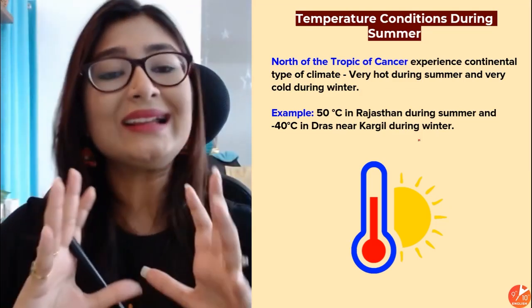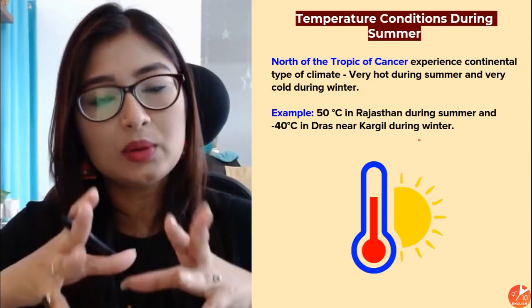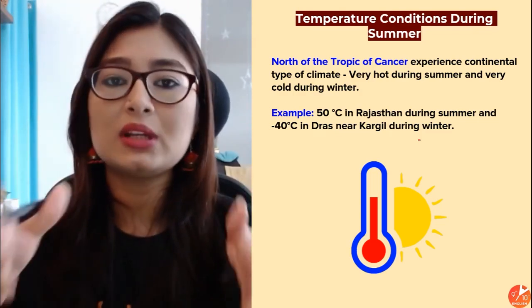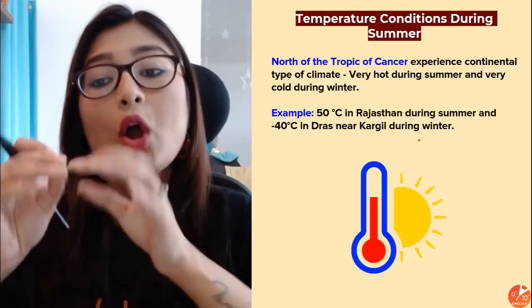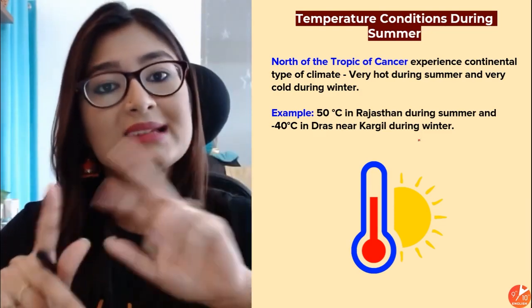Now, the tropical character is that it would mostly be hot throughout the year. It will not have a lot of variation. Its average will be somewhat hotter. But the temperate zone, the northern part, is slightly different.